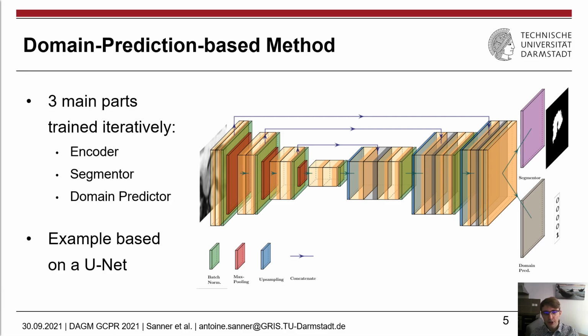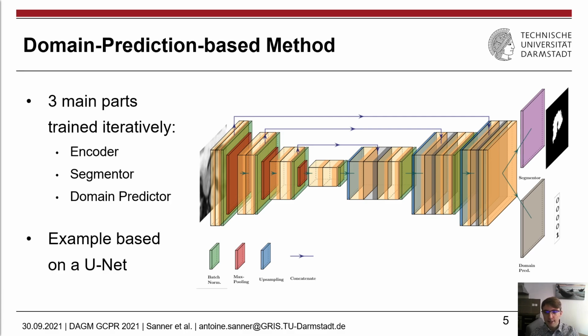The intuition here is that if the domain predictor does no better than random guessing, then there must be no information left in the new data representation regarding the source of the input. And as such, you have found a harmonized data representation.